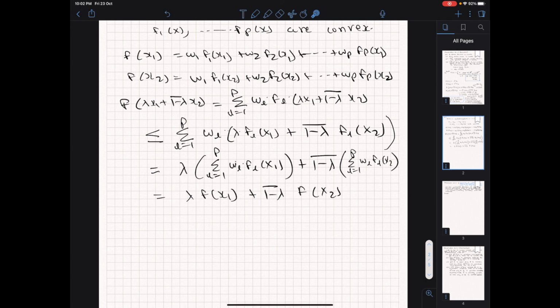So we have shown that f of lambda x1 plus 1 minus lambda x2 is less than or equal to lambda times f of x1 plus 1 minus lambda times f of x2, which is exactly the definition of convexity. So a positive weighted sum of convex functions is also a convex function.